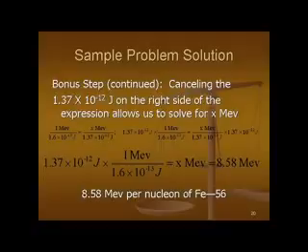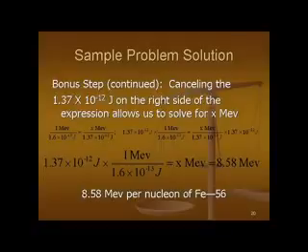And when we do that, we're left with 1.37 times 10 to the negative 12 joules times 1 mega electron volt over 1.6 times 10 to the negative 13 joules. Our joules will cancel. We'll be left with mega electron volts, which means that we set this problem up correctly.